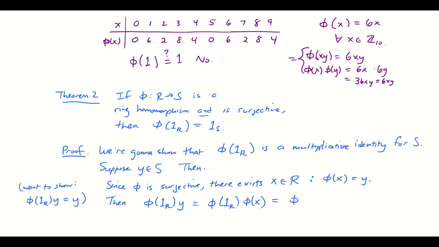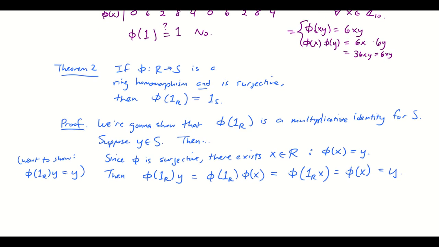And that's the same as phi of 1 times x. And now you see how having surjectivity helps us, because now we can use the fact that we have a multiplicative identity in R and say, well, that's just phi of x, and phi of x is equal to y. And now we've done that for any y, an arbitrary y in S.